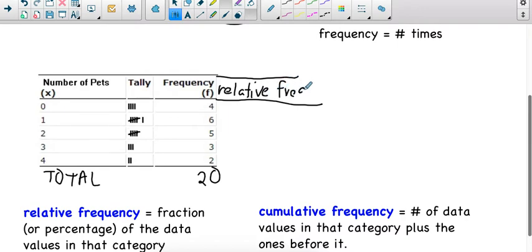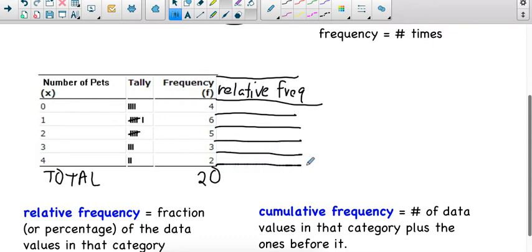In this first row here, I'm going to calculate my relative frequencies.